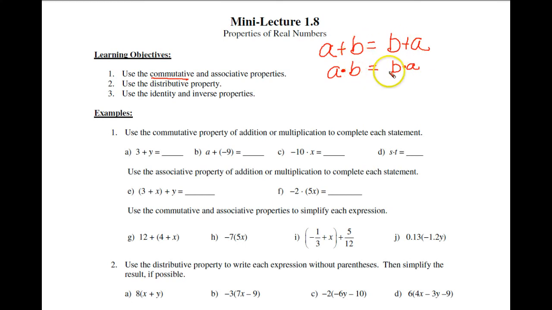So keeping this in mind, we then get to practice it. In your booklets, you can pause the tape and work these if you like, or watch as we do it. This will be y plus 3. We're just switching the order. This will be negative 9 plus a. This will be x.